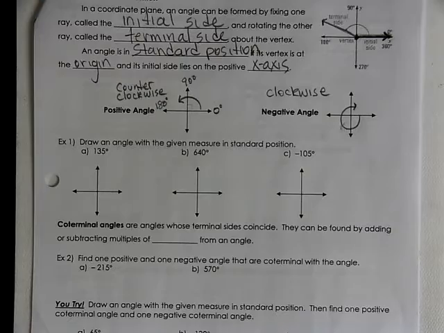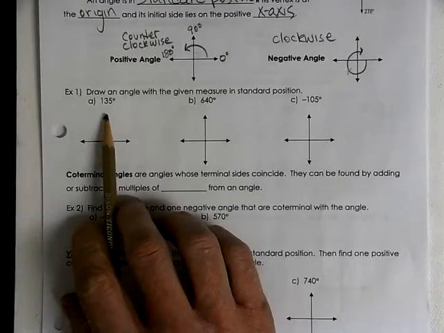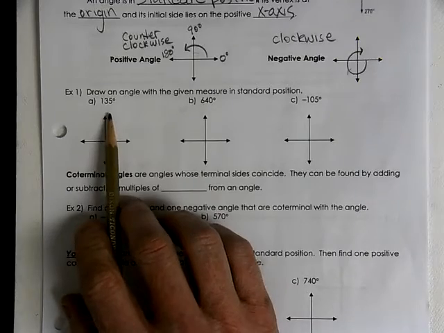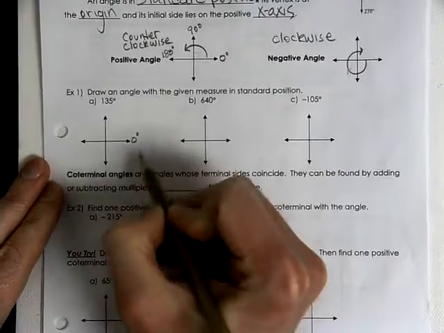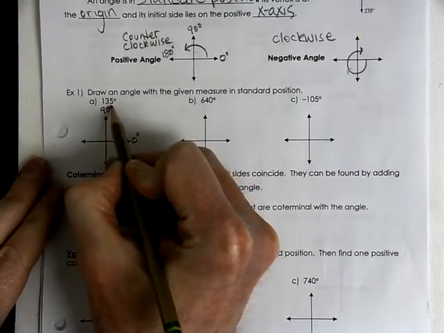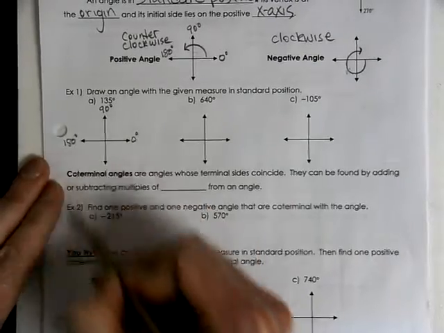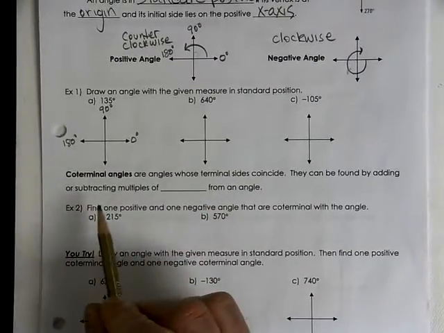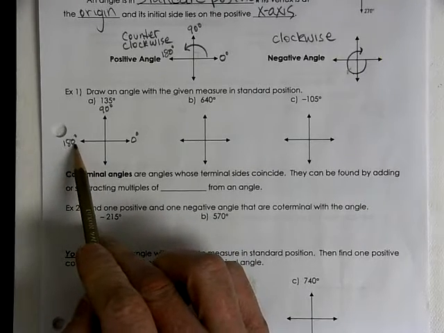So let's practice drawing a few of these. What is a 135 degree angle going to be? Well, we know this is 0 degrees. This is 90 degrees. 90 more would put you at 180. So 135 is going to be short of 180.